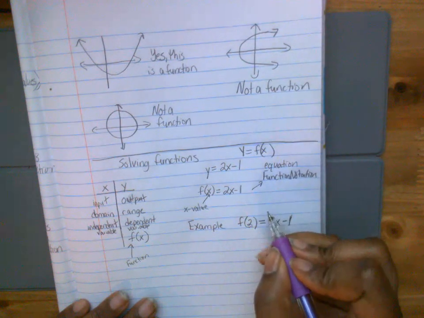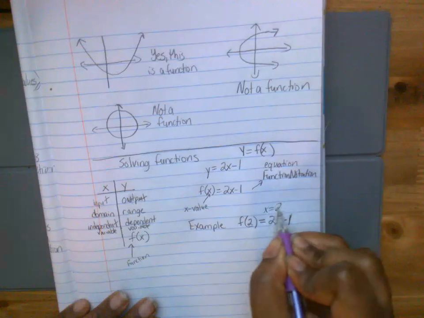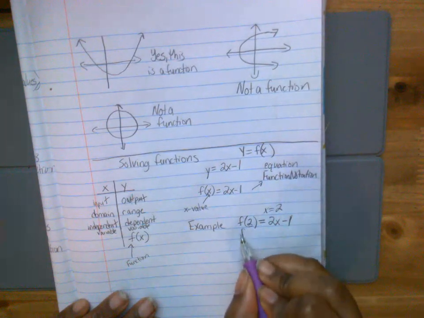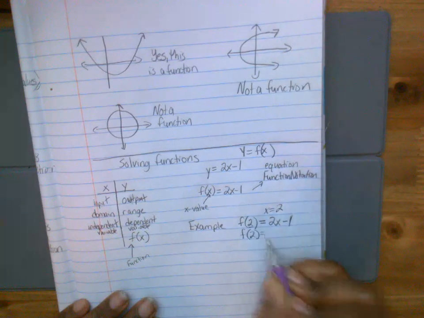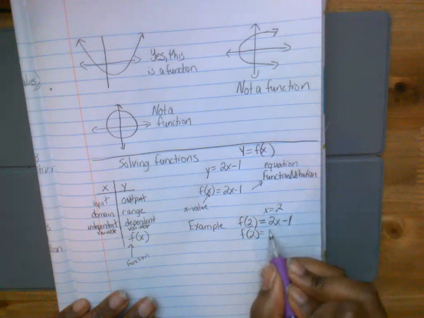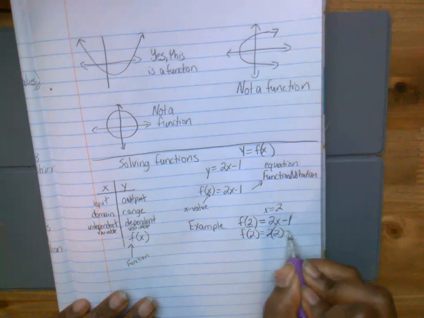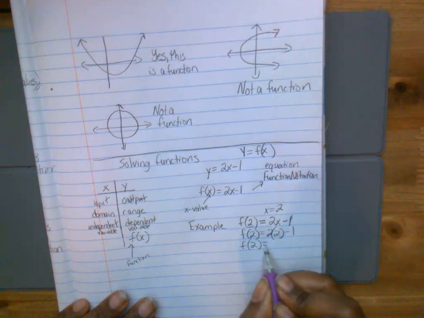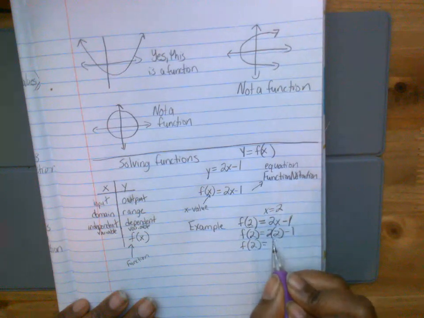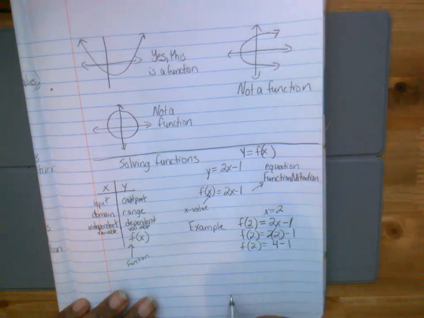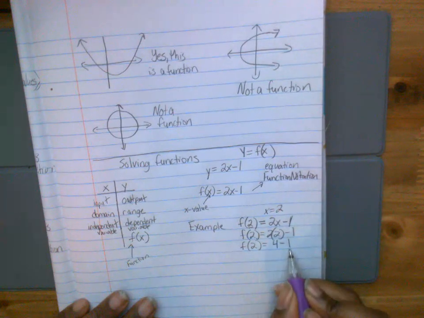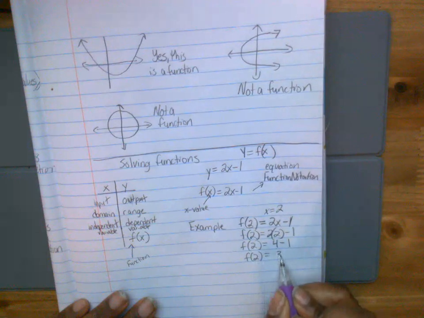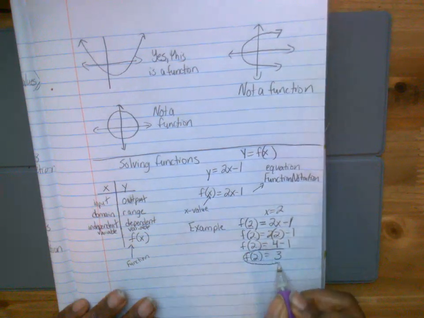So what you do is you're going to plug in 2 for x and solve for y. So f of x, or f of 2, I'm going to plug in 2 for x. This is 2 times 2 minus 1. So f of 2 is going to be 4 minus 1. And 4 minus 1 is 3. So f of 2 is equal to 3.